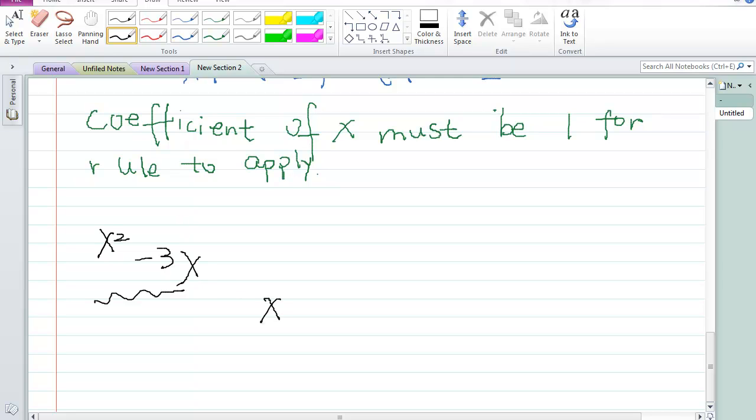So it's x squared minus 3x, and that means we have to add negative 3 over 2 squared. Be careful about the negative sign because our b is negative in this case. We have x minus 3 over 2 squared. It's not that bad.